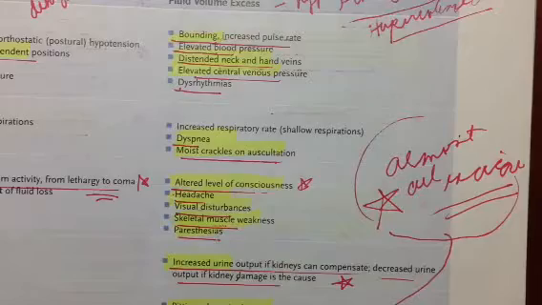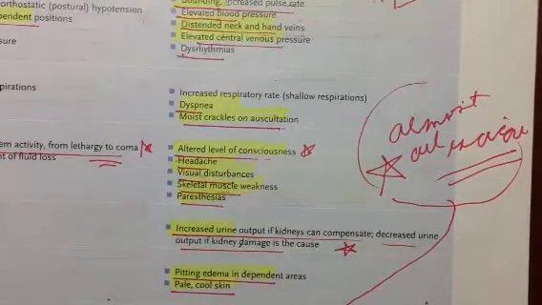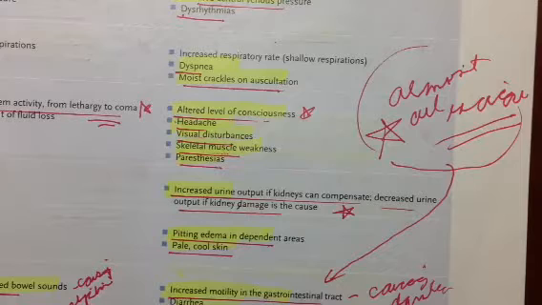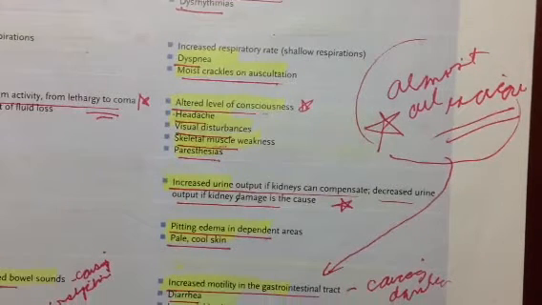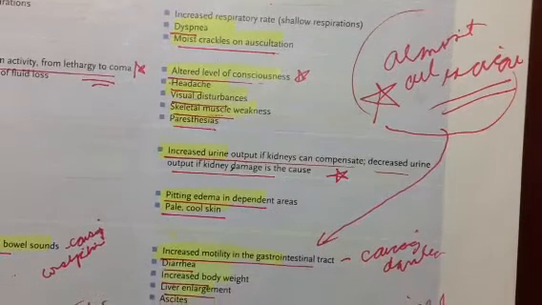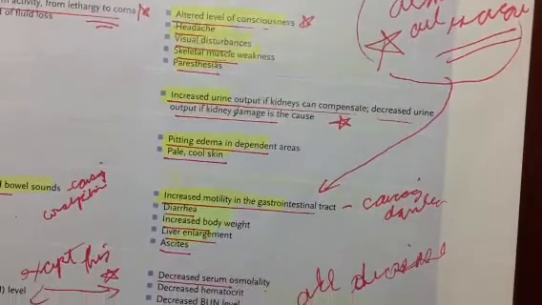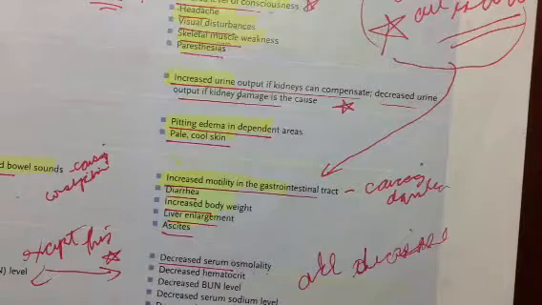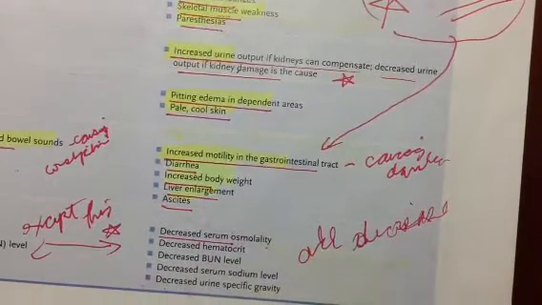Dyspnea, moist crackles on auscultation, altered level of consciousness, headache, visual disturbances, skeletal muscle weakness, paresthesias, increased urine output if kidneys can compensate, decreased urine output if kidney damage is present, pitting edema in dependent areas, pale, cool skin, increased motility in the gastrointestinal tract causing diarrhea, increased body weight, liver enlargement, ascites, decreased serum osmolality, decreased hematocrit, decreased BUN level, decreased urine specific gravity.